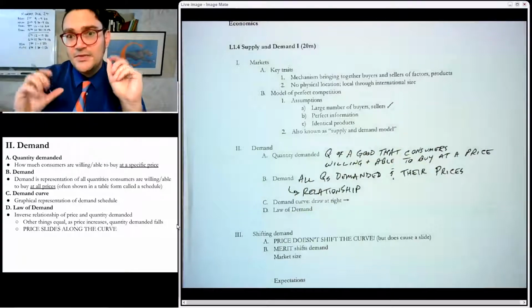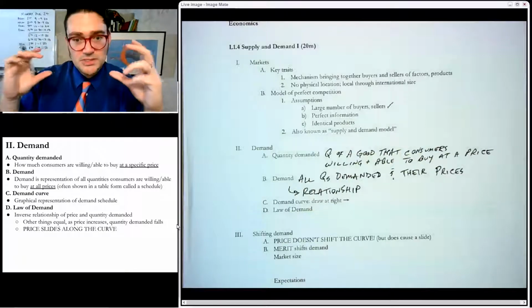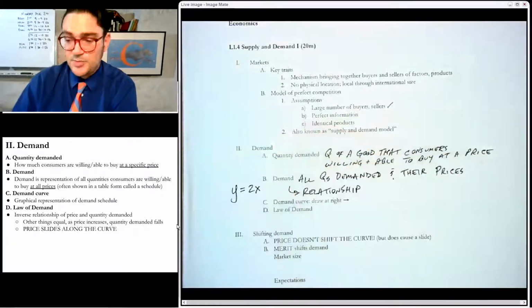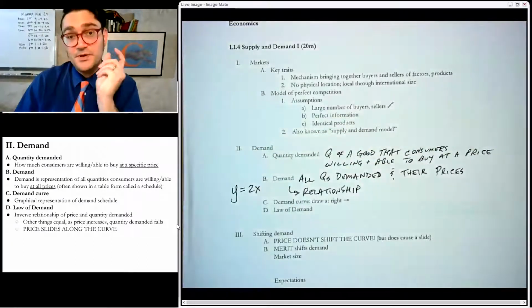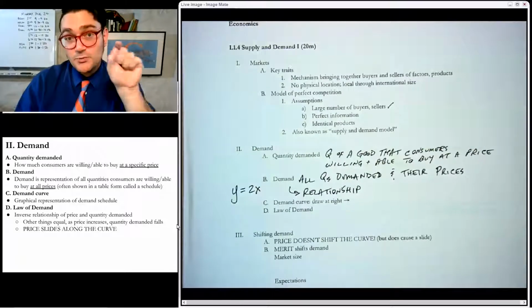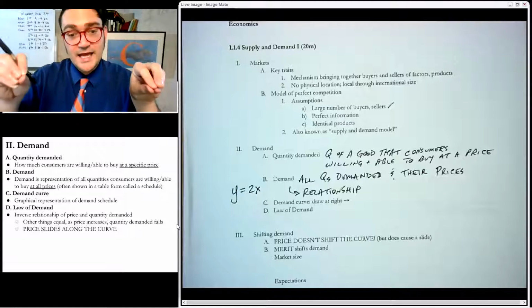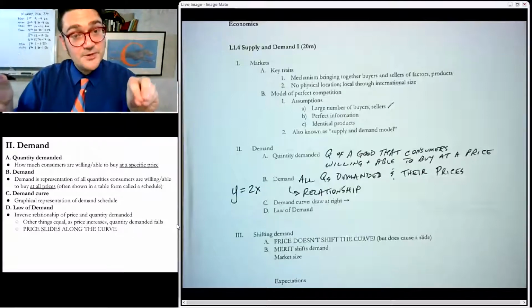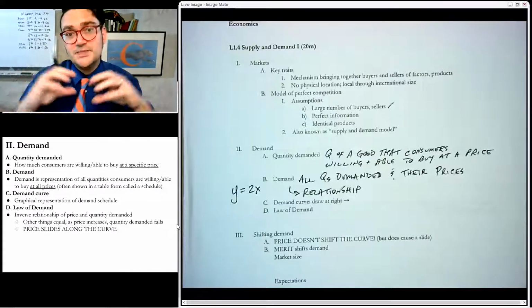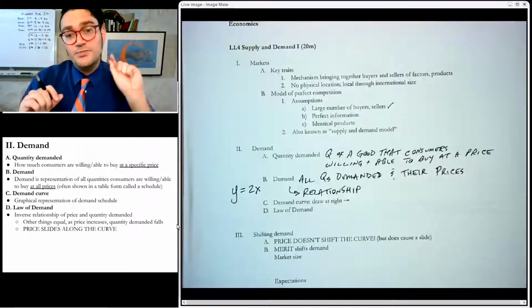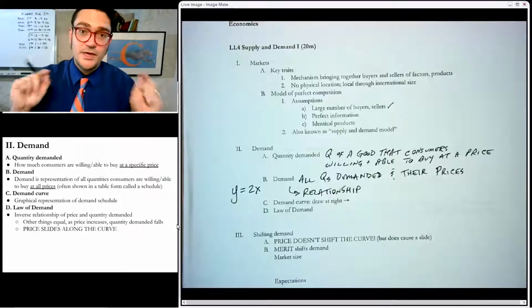The equation y equals 2x, as an example, would be the function for demand, because if you plugged in the price value, you might get the quantity demanded value. And so the function describes the entire relationship, but one value within it would be the price and one value would be the quantity demanded.